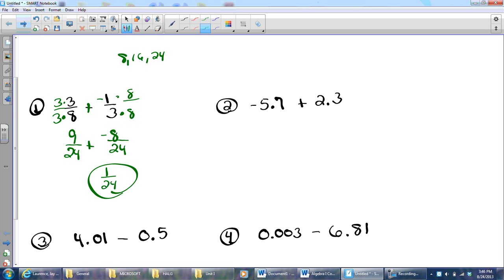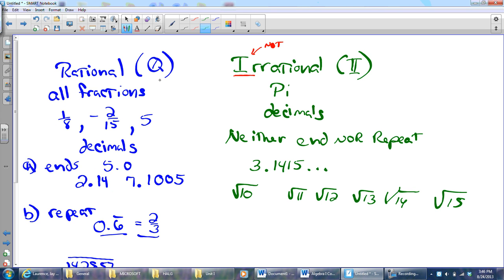Now, before we do that problem, I want to point something out to you. If I do 10 minus 5, I get 5, right? What's 5 minus 10? Well, you notice that the 10 was positive and the 5 was negative, and I got a positive 5, right?